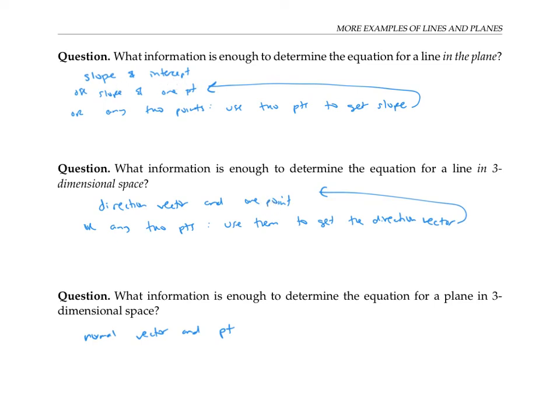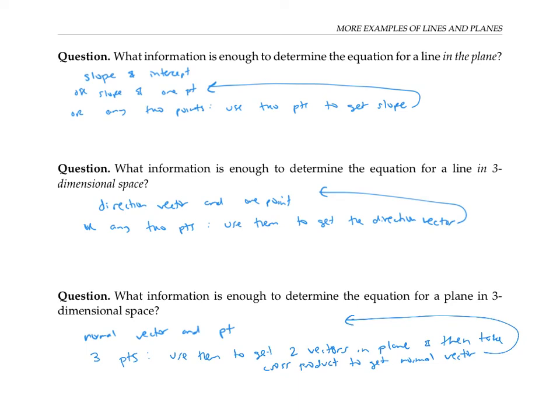But if we don't have that, we could just use 3 points, because we can use them to get 2 vectors in the plane, as we did in a previous example, and then take the cross product of these 2 vectors in the plane to get the normal vector. And then we're back to the first situation.